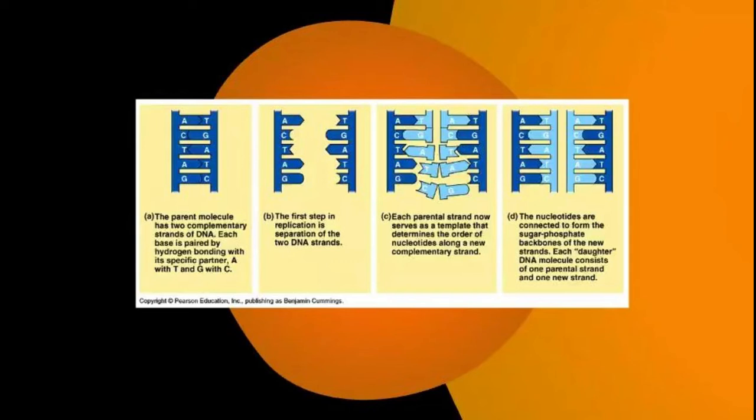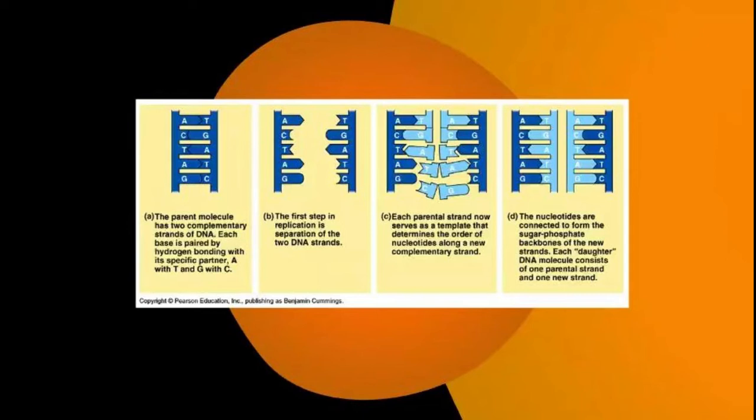And then the final step in forming that second strand is that the sugar phosphate backbone needs to be formed between those free nucleotides, which have now linked up by hydrogen bonding to the template strand. And that is catalyzed by DNA polymerase.